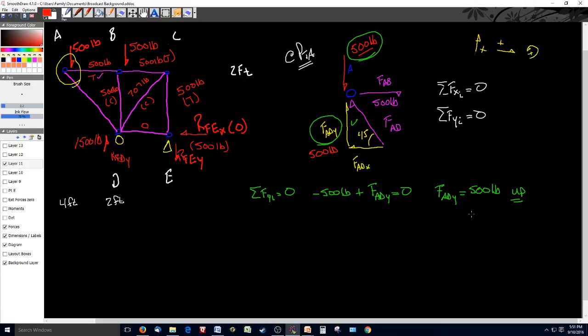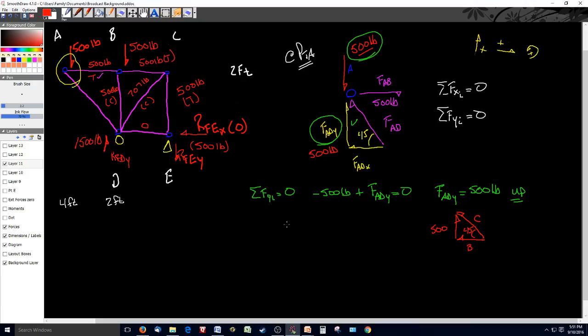Now from that we can think about our unit equation here, and we can solve the rest of this vector really quick. So I've just said that I've got 500 pounds this way, and I'm going to take the units off, just use the numbers. And I've got B here, and I've got C here, and I know that's 45.